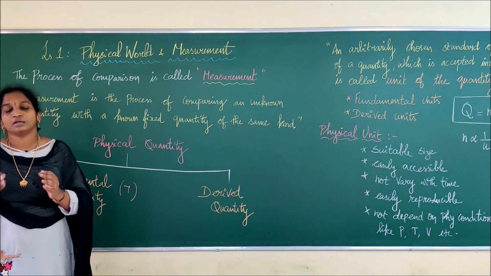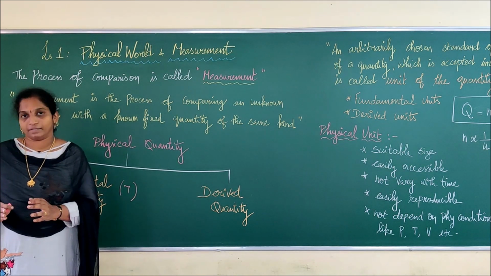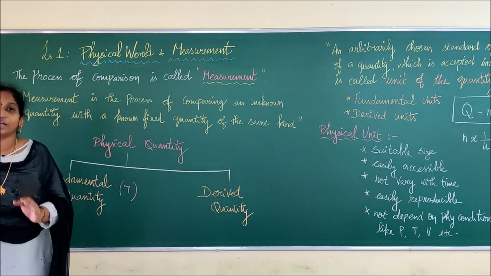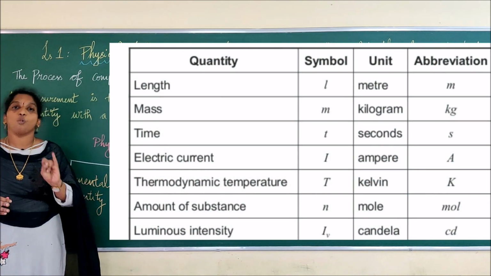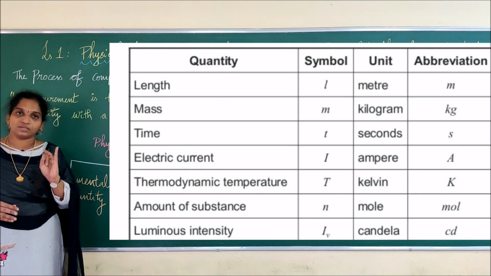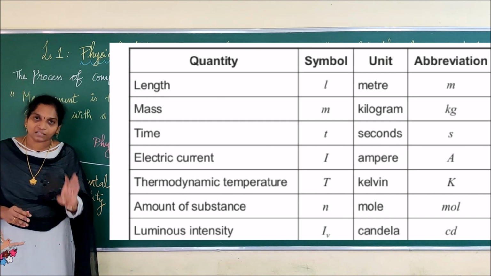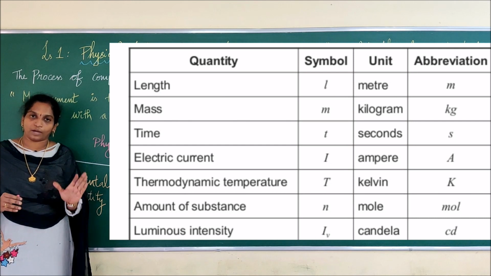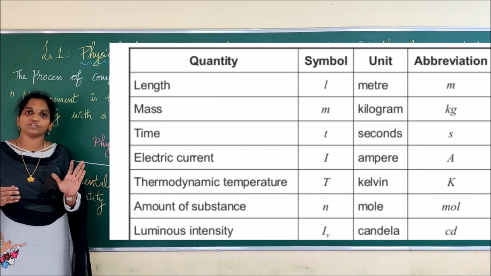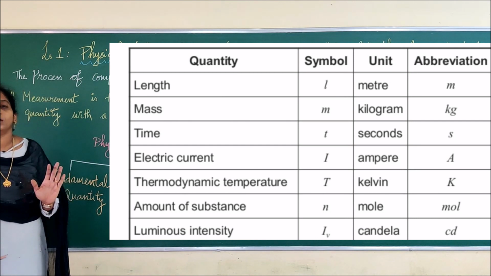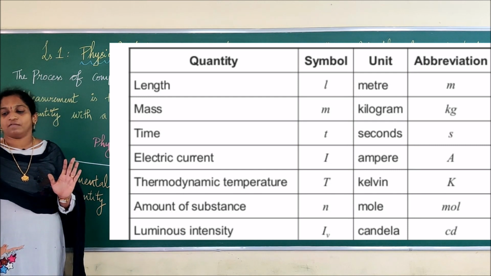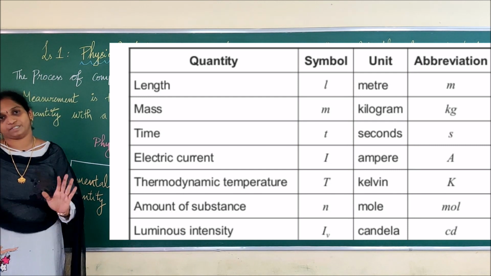Similarly, mass, temperature, electric current. These are among the 7 fundamental quantities. They are: length, mass, time, electric current, temperature, luminous intensity, and amount of substance.